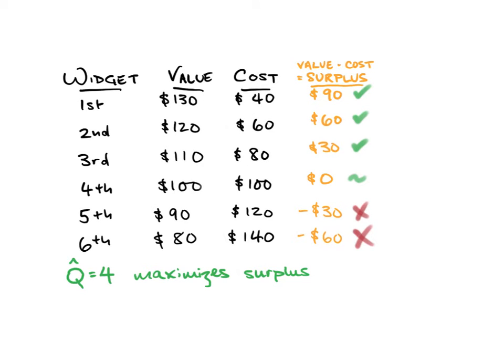Okay, so there's this symbol that I'm using here, new symbol, Q hat equals 4. Okay, so Q hat will stand for what is socially optimal.